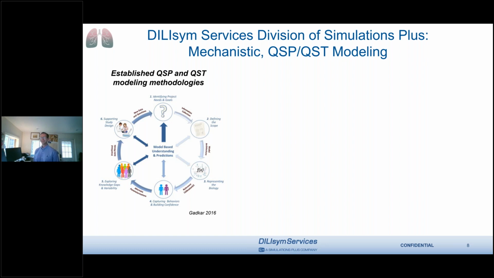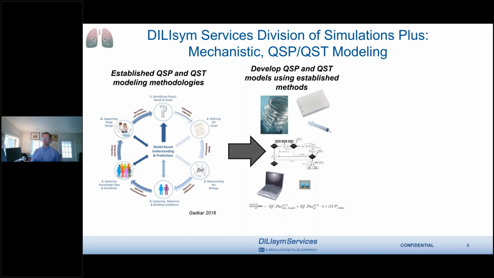Those two things really went hand in hand and allowed us to develop those QSP methodologies. So the good news is, now it's in the literature, it's all across industry. And some of the folks in our group had their hands in developing those methodologies from ground zero. Now we're taking those same concepts and applying them within our organization.